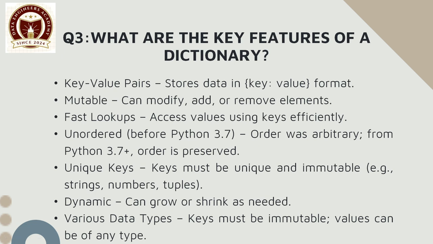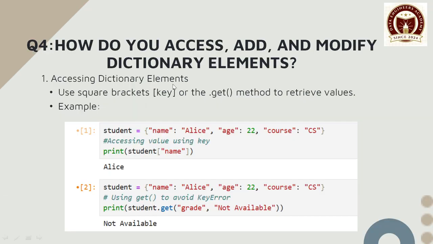Let us see the next question. How do you access, add and modify dictionary elements? Here we are accessing dictionary elements. We use square brackets, or we can use the get method to retrieve the values. First we have taken a dictionary, student, and we have to access a key.